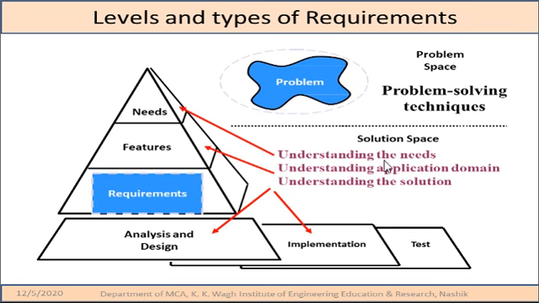First, you have to understand the need of the system, the application domain of the system, and the solution of the system. This is based on the requirement only. That's why getting the details about the requirement or the specifications from the stakeholder is very important for each and every type of problem.